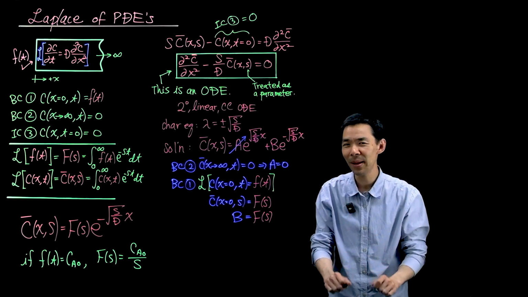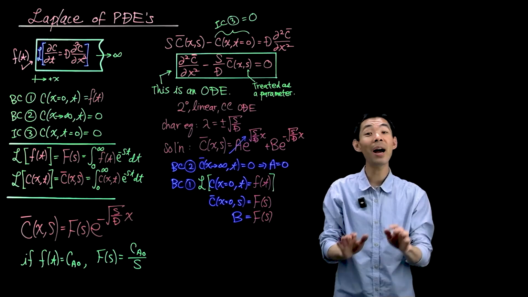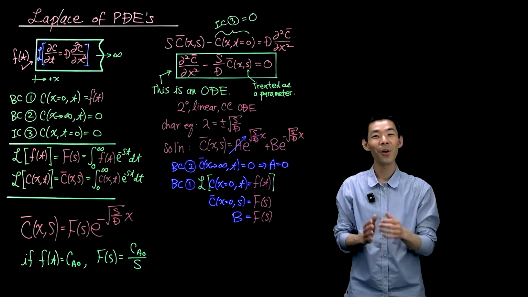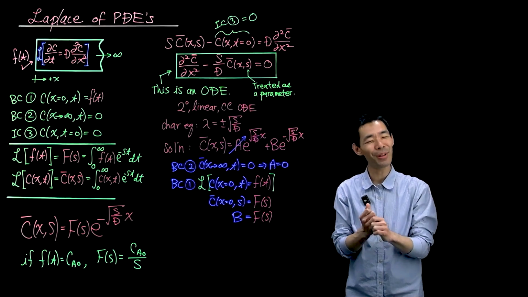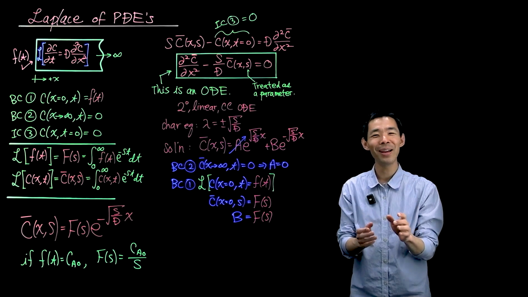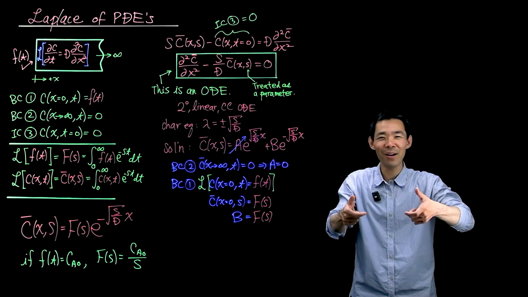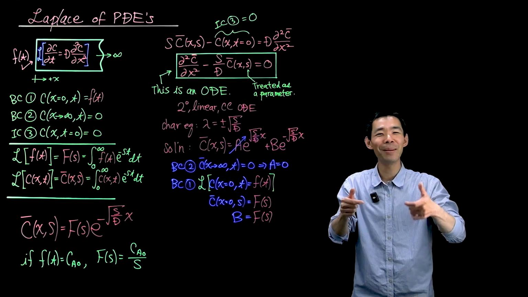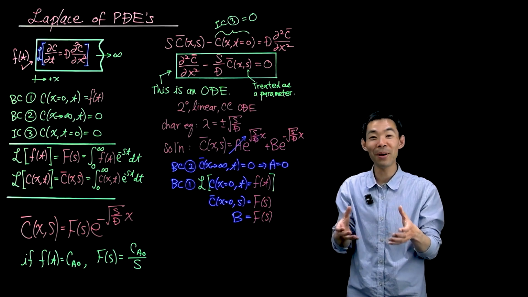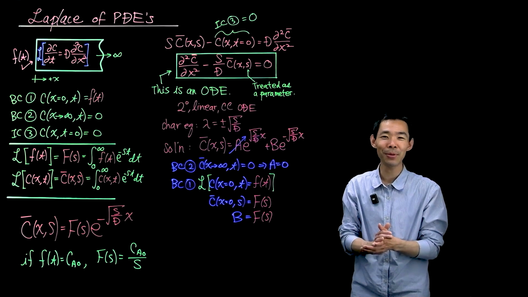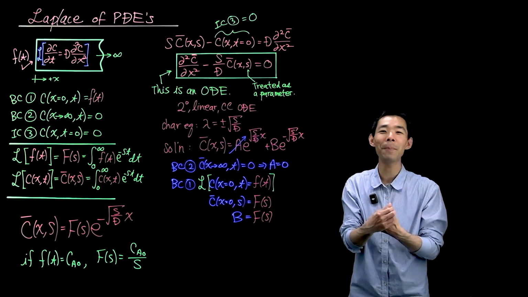It's not going to be on many common tables. So you have a couple of different choices. One, you can look up an even better table, better than the one I've been showing you. In fact, there are entire handbooks of Laplace inverse and forward Laplace transforms. So just find a really, really good table.